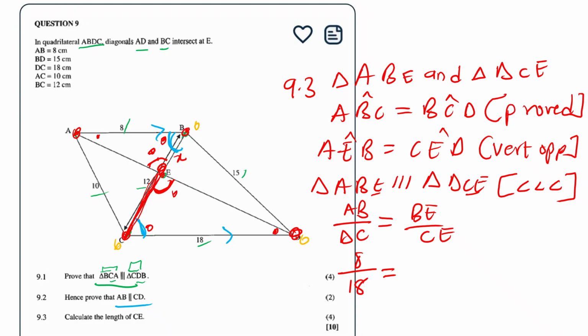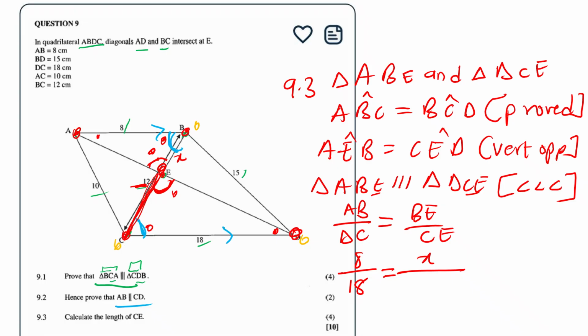Let's say our BE it is X because we want to prove the length of CE. Therefore now X over CE, where is CE? You are given CE as 12 here. So then now we can say CE, it is 12 minus X, right?